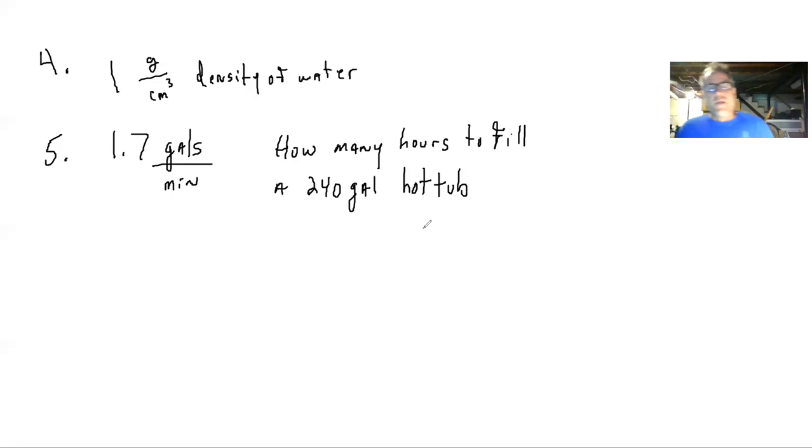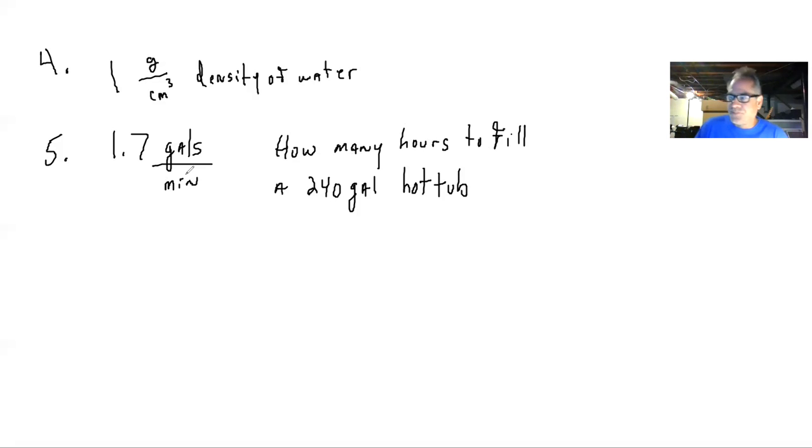Okay. So the first thing I would look at in doing this problem is I'm dealing with units of minutes. So I know I'm going to need to get that to hours. So we're going to have to convert that to gallons per hour.